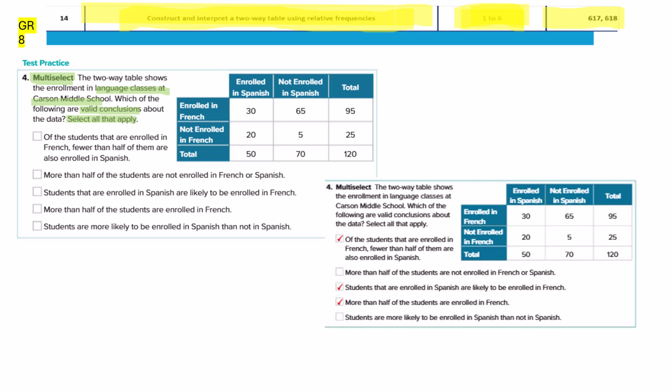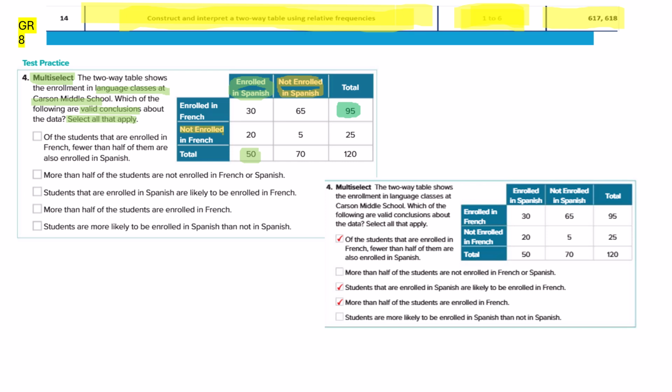If you want to look at enrolled in Spanish, what is the total number enrolled in Spanish? It will be 50. What is the total number of students enrolled in French? It would be 95. How many students are not enrolled in French and not enrolled in Spanish?